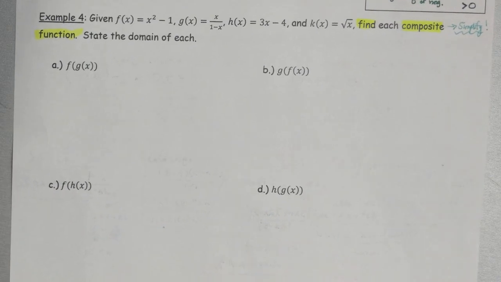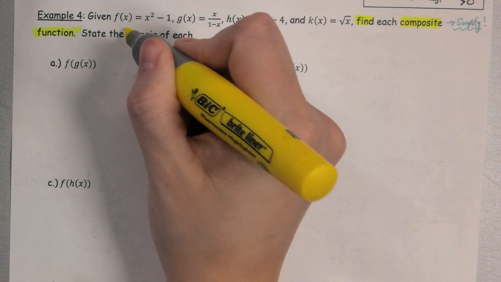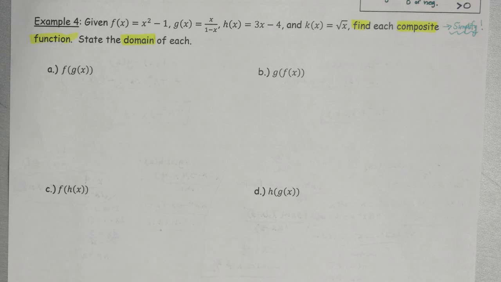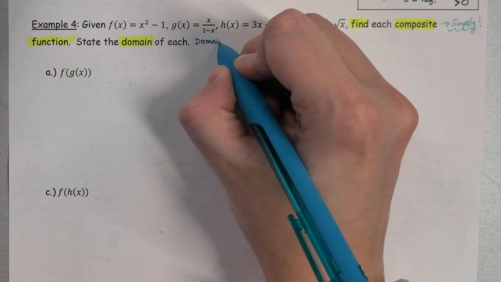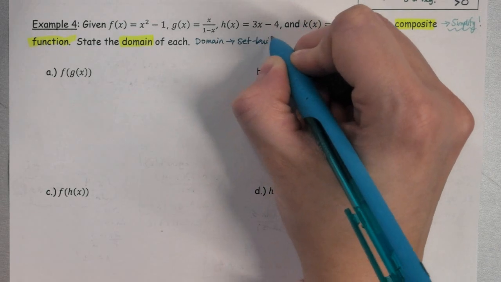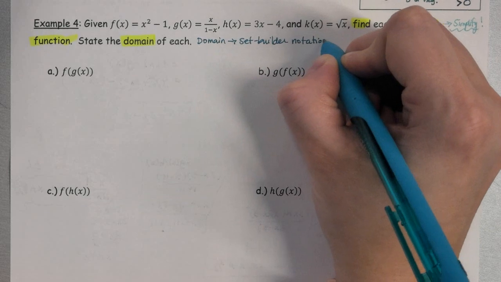And then we also have to state the domain. Okay, so if we're stating the domain, that's where this box is going to come in. The domain is also going to be written in set builder notation. Do we remember what that is? Remember set builder notation? What does it have?